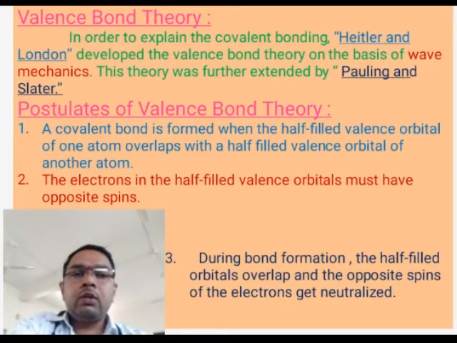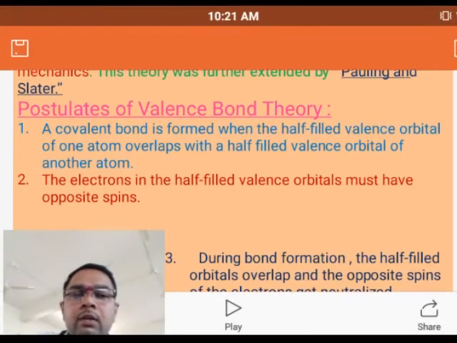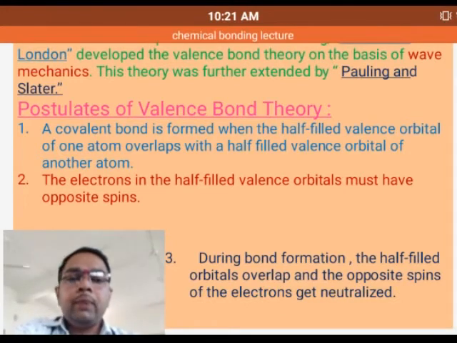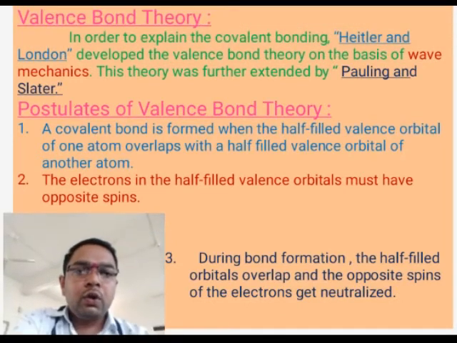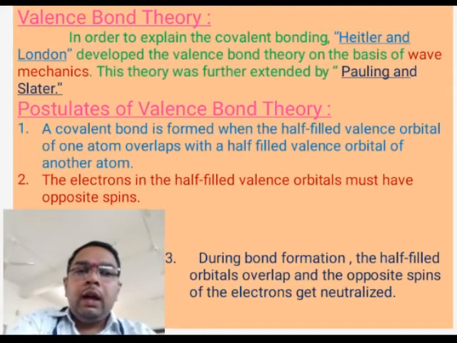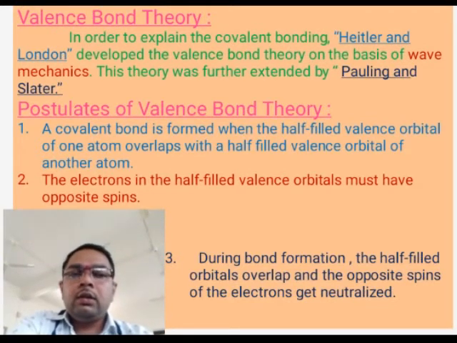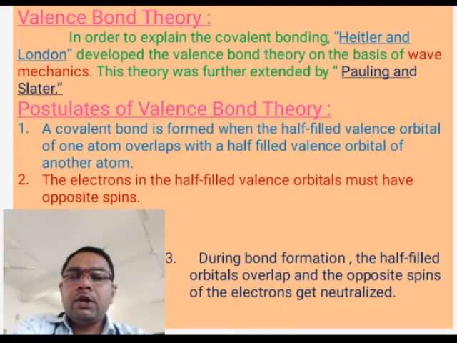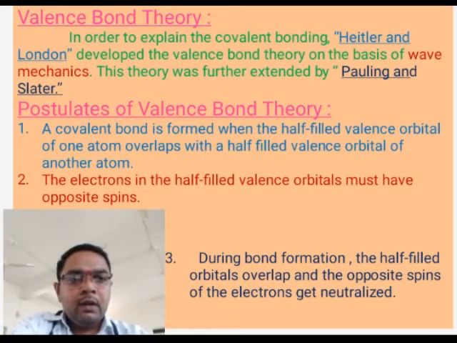These unpaired electrons overlap with another unpaired half-filled orbital to form the covalent bond. The electrons in the half-filled valence orbitals must have opposite spin. Both are in antiparallel spin.